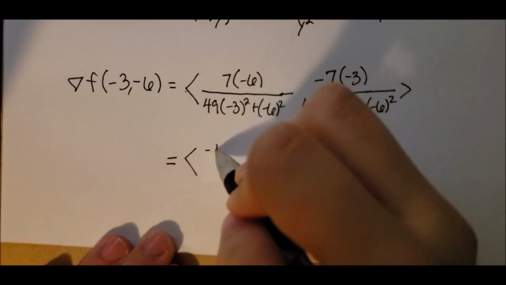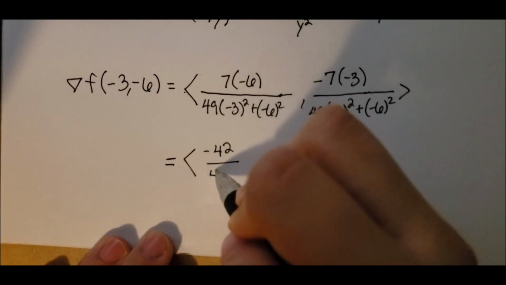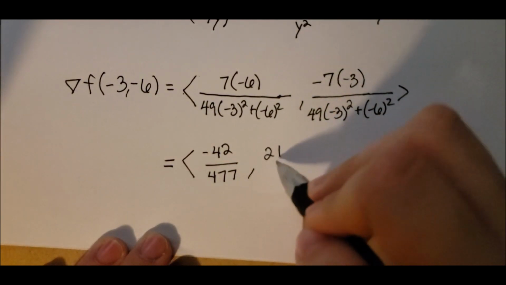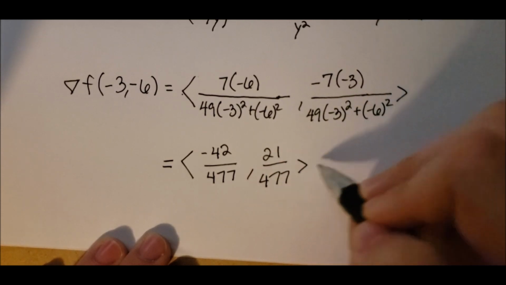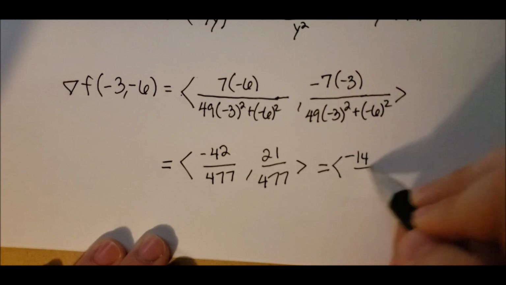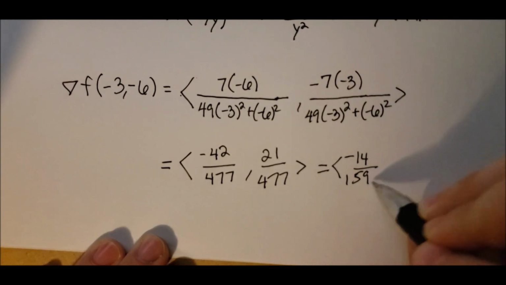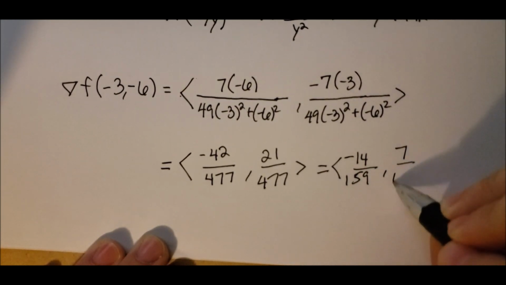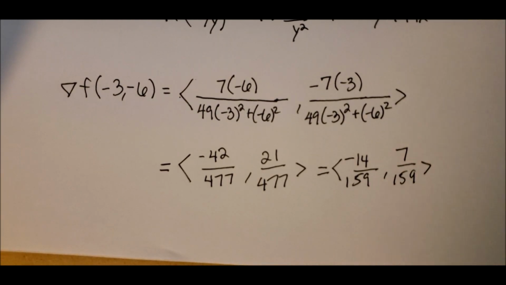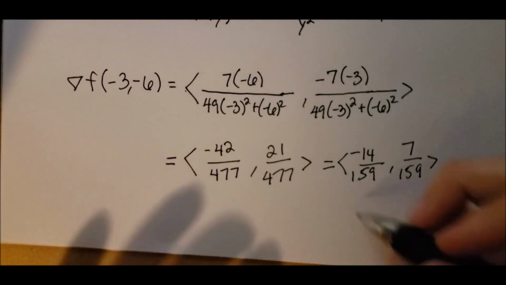And that gives -42 over 477 and 21 over 477, which is -14/159, 7/159, which is D.